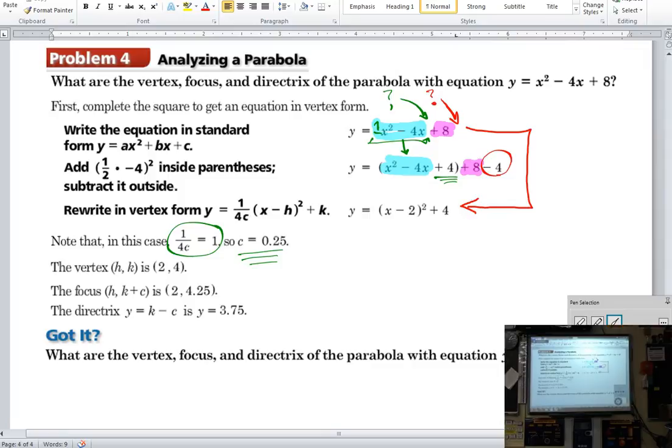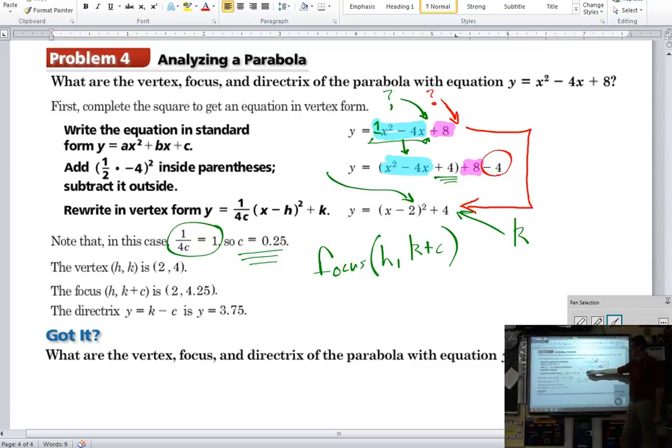So to find my focus, we got to go back to our equations. So our focus is going to be that h, k plus c. So we have our k value. And we have our h value. And then they give us our c value.